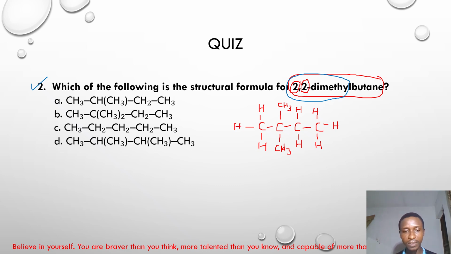Then let's now do our numbering. For our numbering, we consider here the second carbon atom where we have the branch. So this will be 1, 2, 3, 4. So now this should be 1, 2. We have a branch.